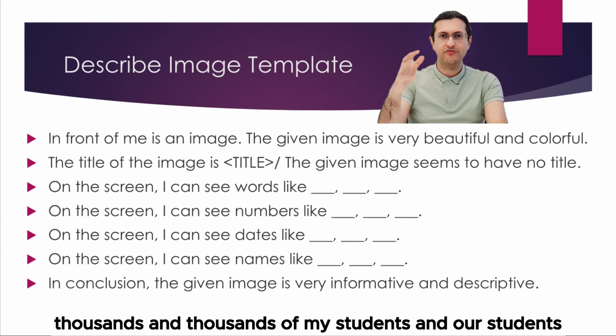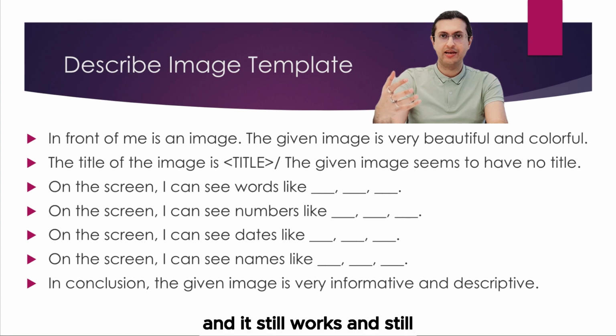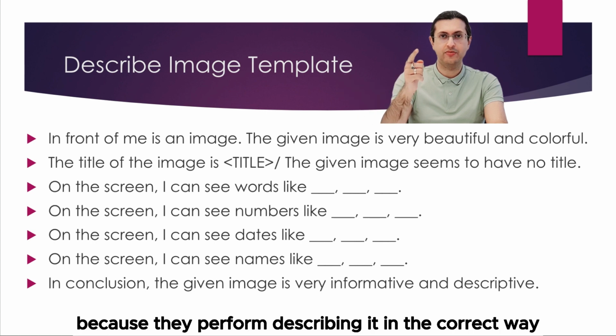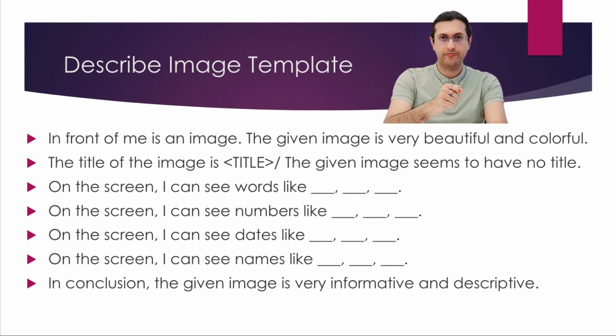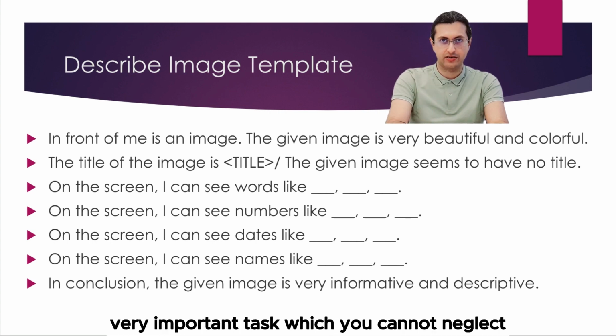Thousands and thousands of my students and our students have used this template successfully over many years, and it still works. And still a lot of our students get a perfect 90 in speaking because they perform describe image in the correct way, and hence it is a very, very important task which you cannot neglect.